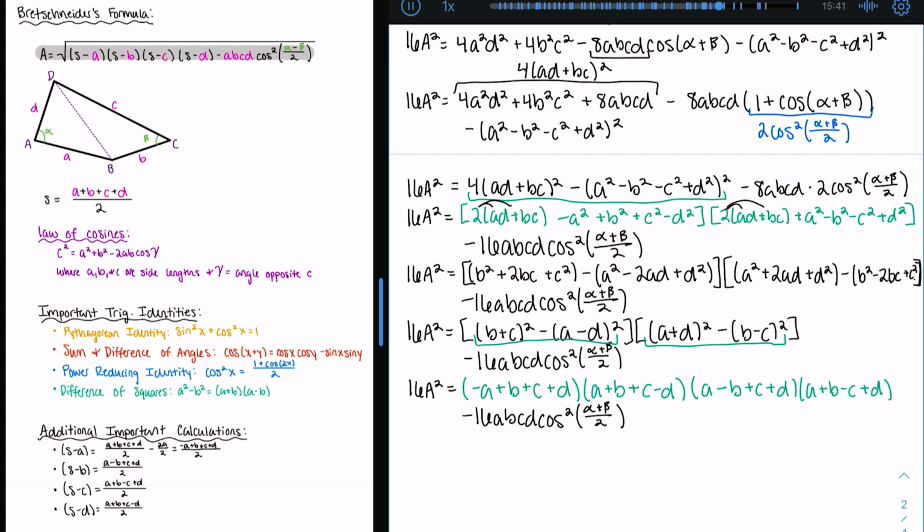So now if you look down to the additional important calculations on the bottom left-hand side, you might see some similar things in the equation we just got.